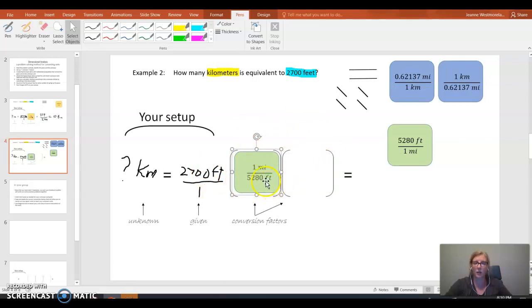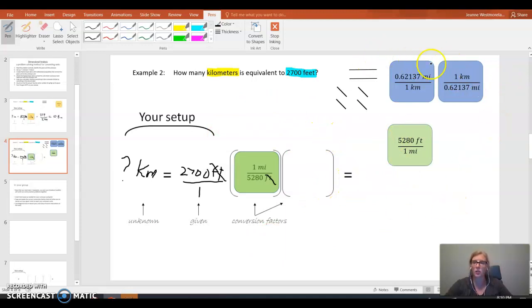So my given unit is in the denominator and where I'm going is in the numerator. So that would allow me to factor out the feet as these fractions are multiplied. And now I'm left with mile, but I don't need mile as my answer. I need kilometer as my answer.